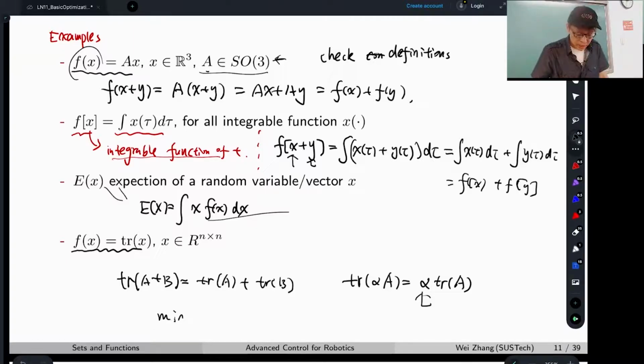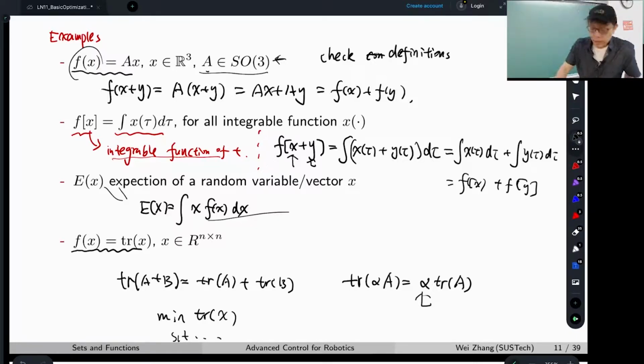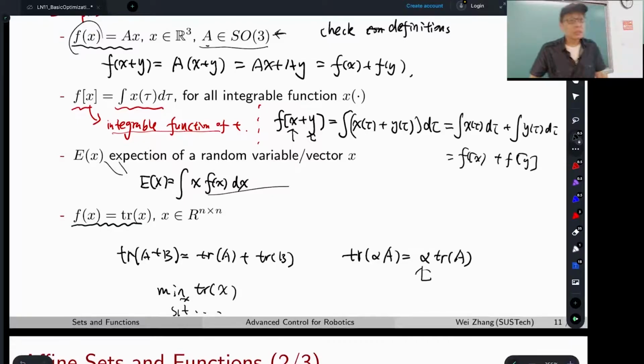So when I say minimize trace of, let's say, x subject to something, it looks weird, right? Minimize a trace of a matrix subject to some constraints. But essentially what you're doing is solving a linear program.